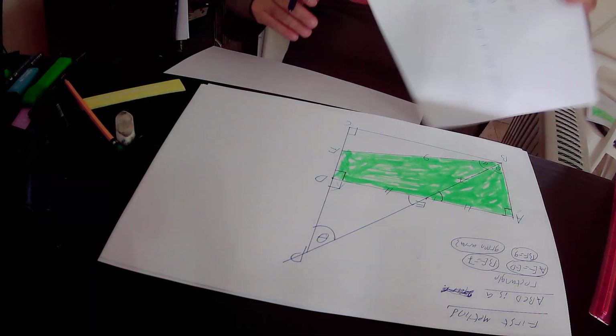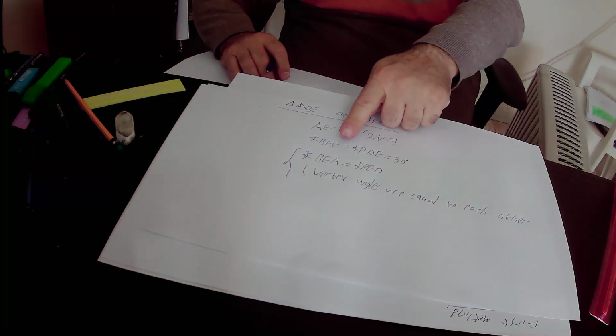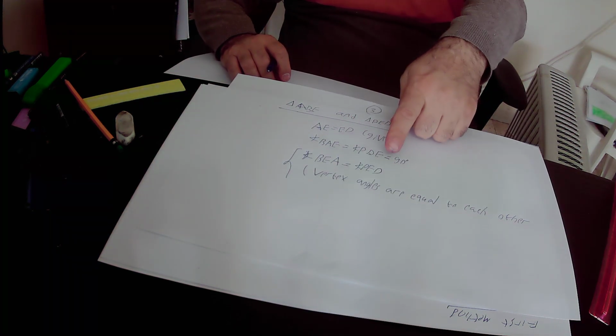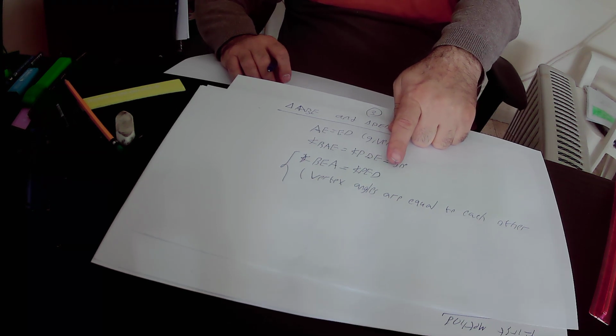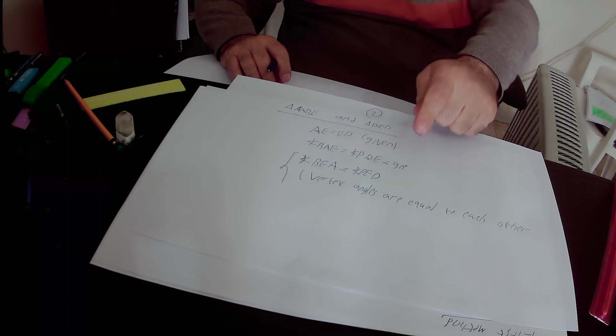I'll repeat again. Angle BEA equals angle PED according to the rule that vertex angles are equal to each other.